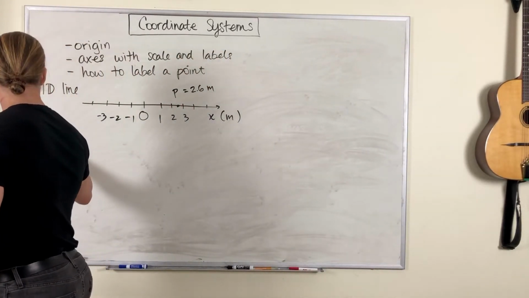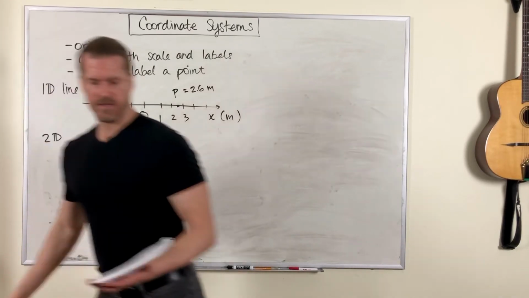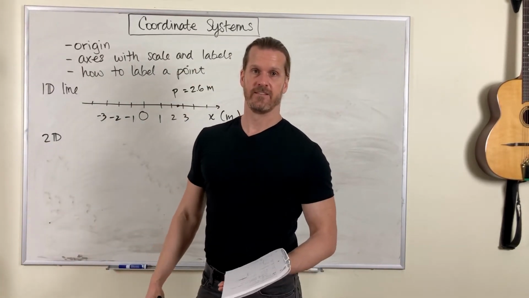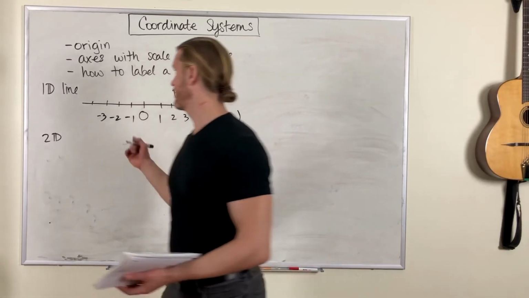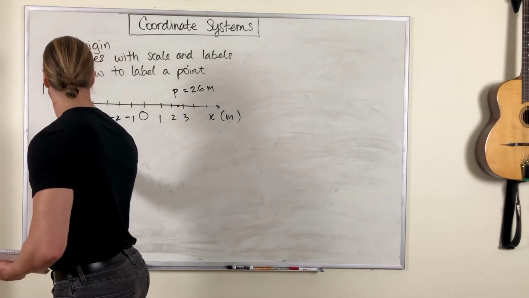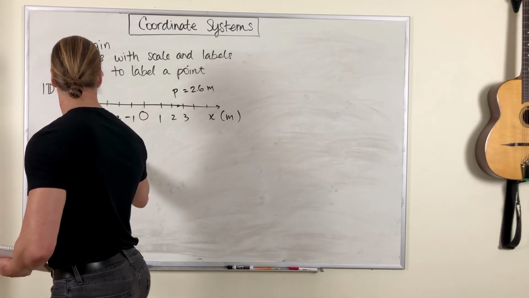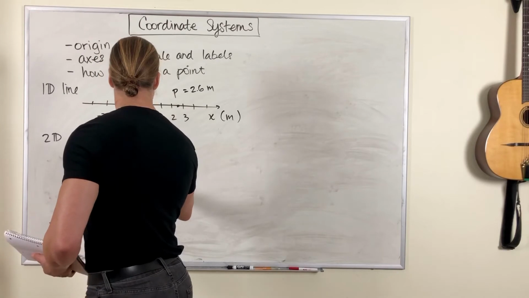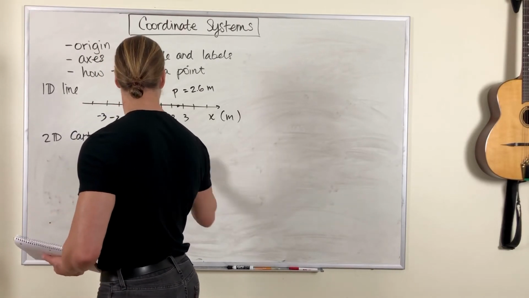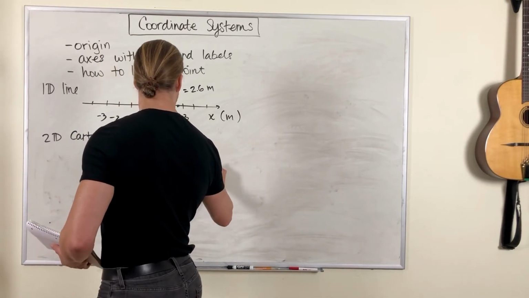A 2D coordinate system might look like a Cartesian coordinate system with X and Y axes. So again, there's our origin, and we have two axes.